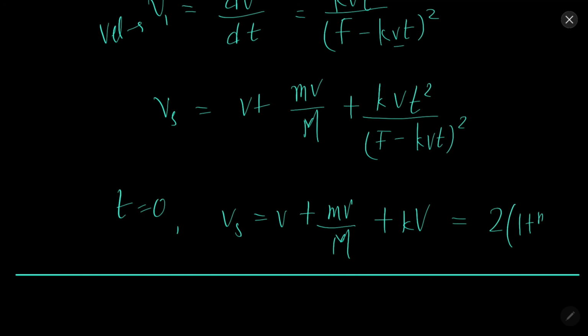After simplification, 1 plus m over m into v, because k is 1 plus m over m.